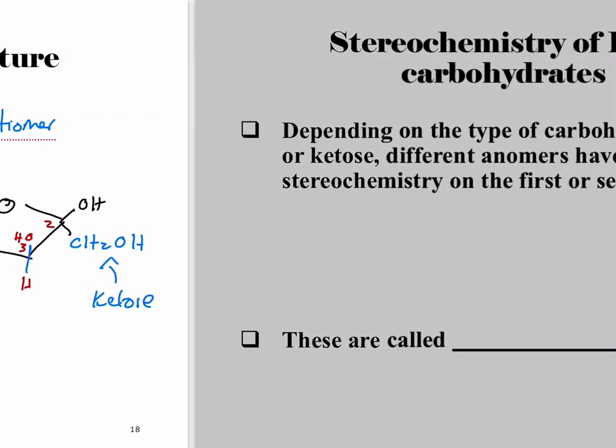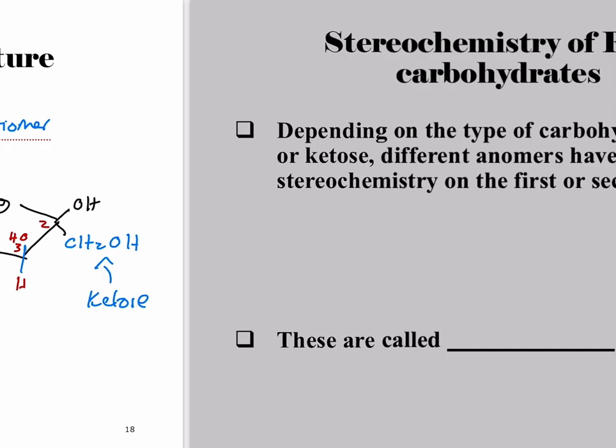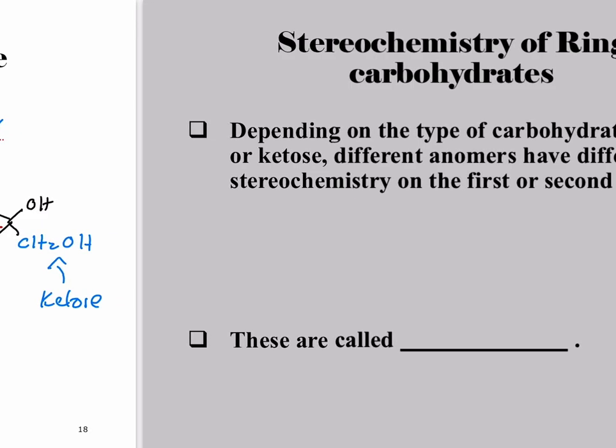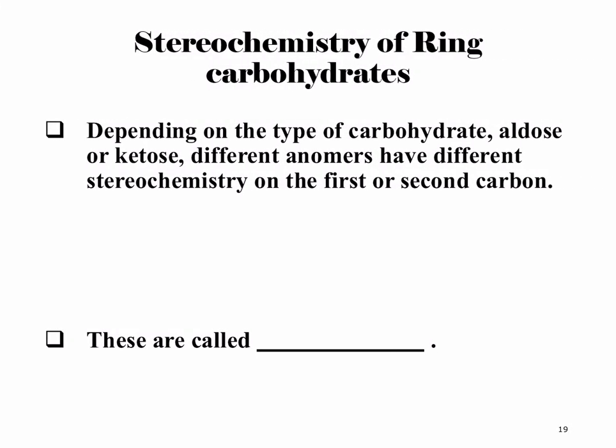Okay, and so the last thing that I'll talk about before we end, so I'll probably finish carbohydrates on Thursday and then start proteins, is the stereochemistry of the ring structures. Depending on the type of carbohydrate, the aldose or ketose, different anomers have different stereochemistry. And so these are a specific type of enantiomer called anomers.